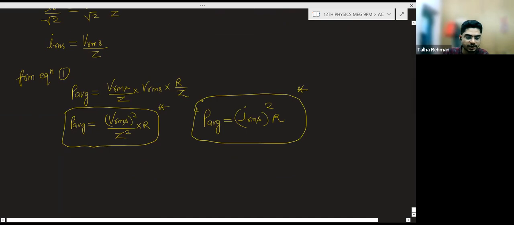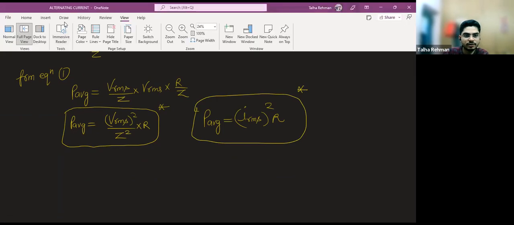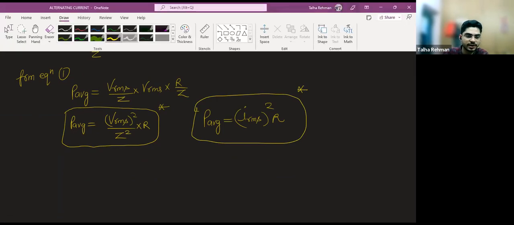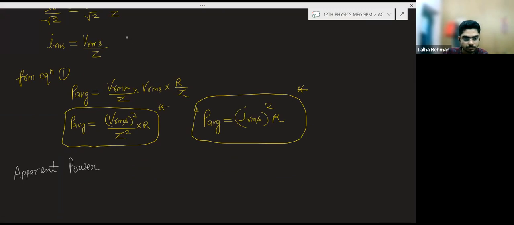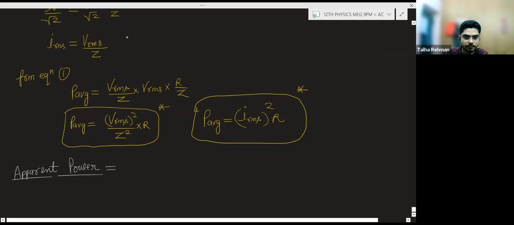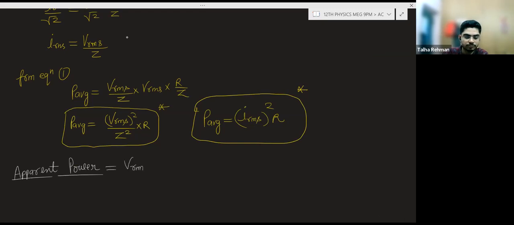And if someone is asking what is apparent power, I'm just writing the formula only. Apparent power is given by VRMS into IRMS.